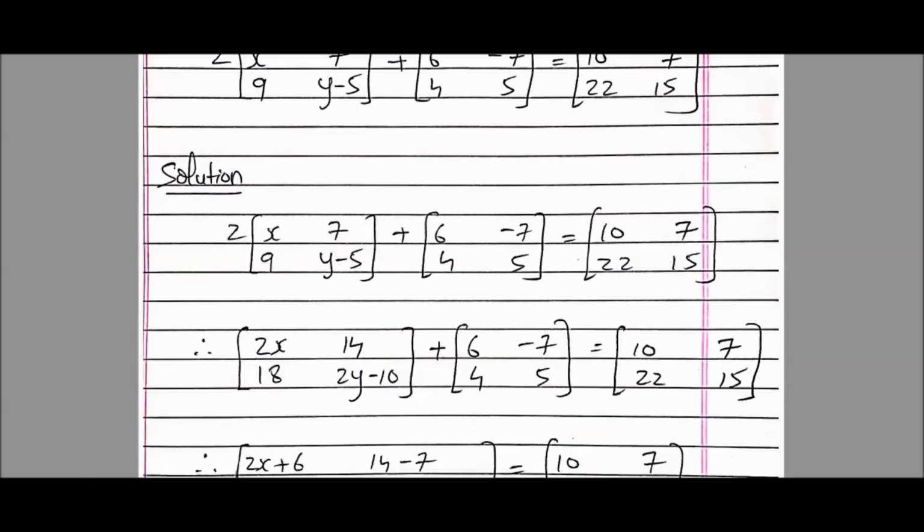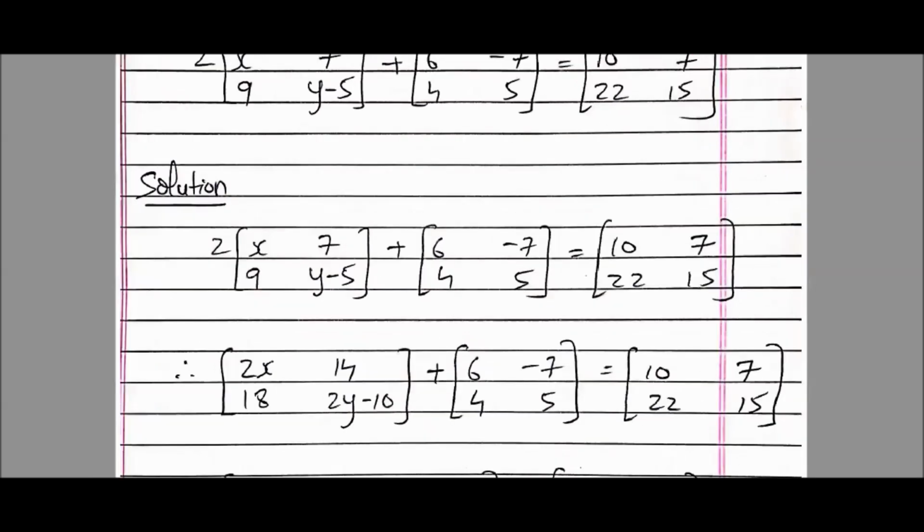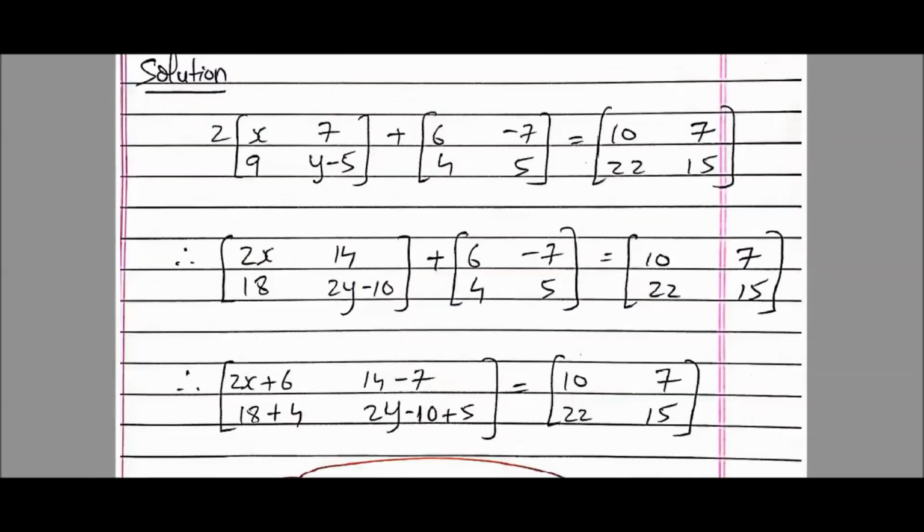The solution is there in front of you, students. Solution. I just copied the question here as it is. Now students, I will keep this right hand side matrix intact. I will not change this because I told you I need to have one matrix at right and one matrix at left. I'll just copy this down. And on the left hand side, see the cursor, this matrix 6, minus 7, 4, 5, I copied as it is down here.